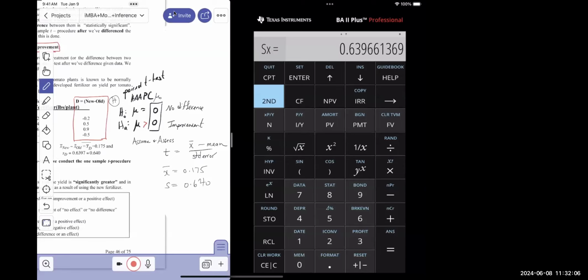So in this problem, I don't give you the mean or the standard deviation. I don't give you sigma. I give you just the data.